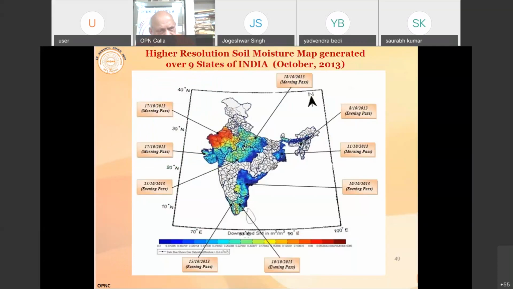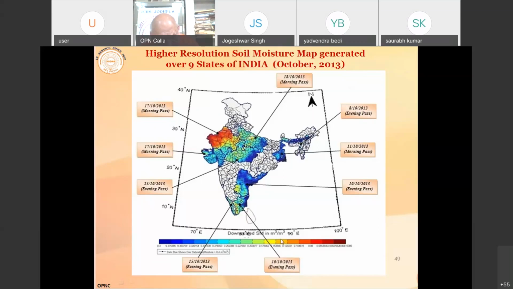And for different dates, we generate them. You can see now that Rajasthan is dry during October. In October, Gujarat has better moisture. Then here, in October, Kerala has a little less.